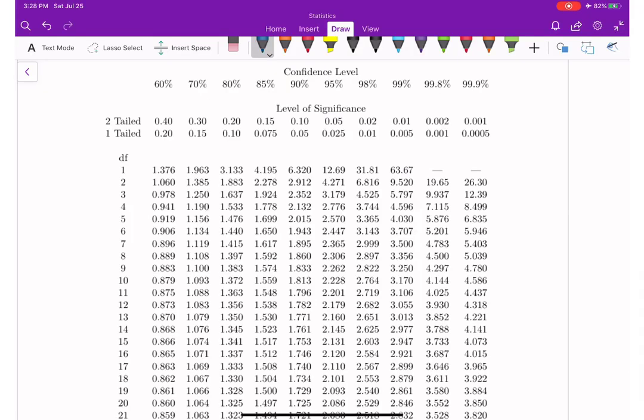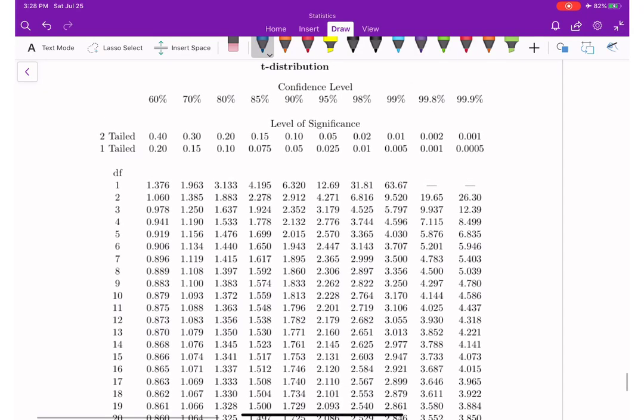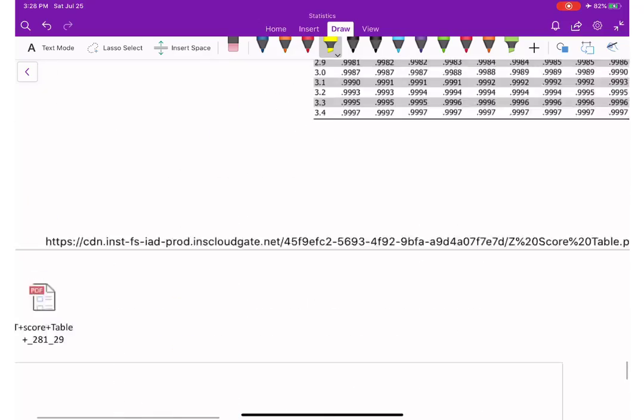Confidence level here it is, 0.80, and sample size is 10, which means I'm taking 9. And I'm getting 1.383.